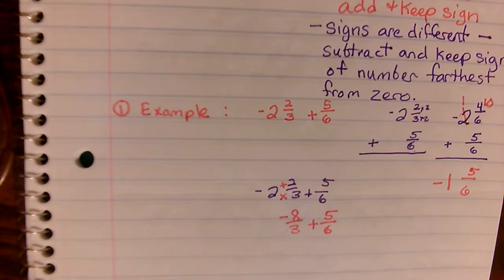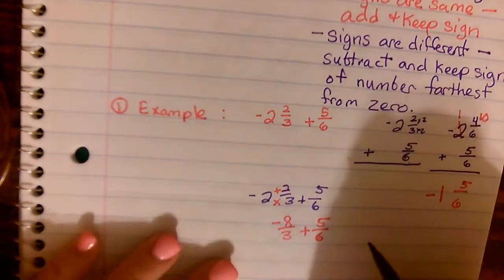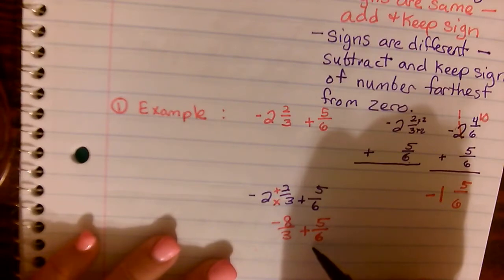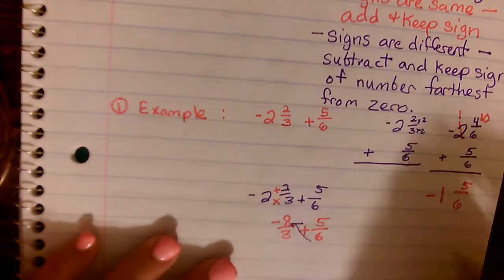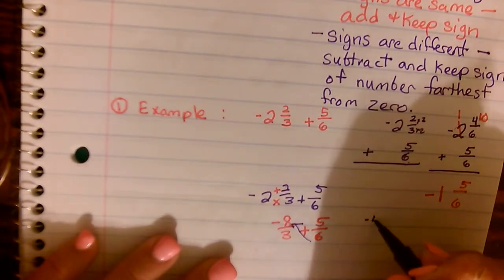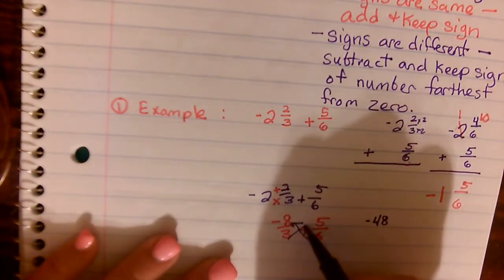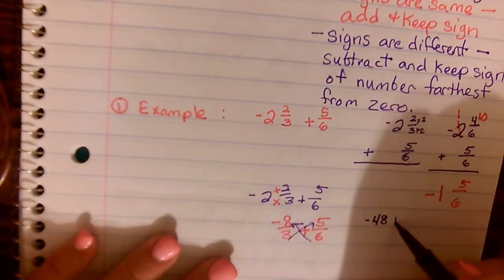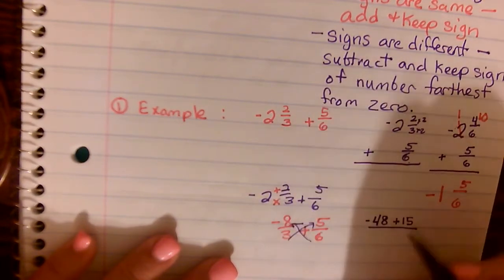Alright, so here's the trick we do. Negative 8 times 6 is negative 48. 3 times 5 is 15 over 3 times 6, which is 18.